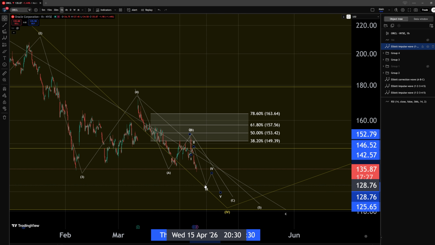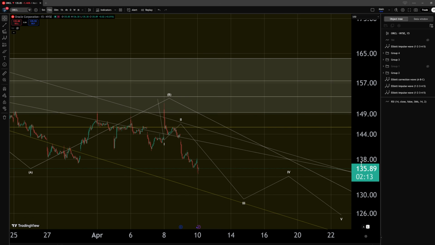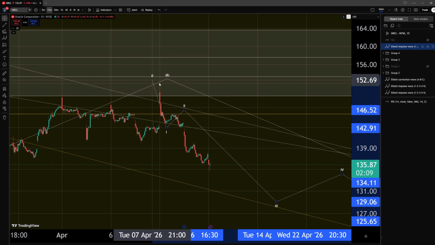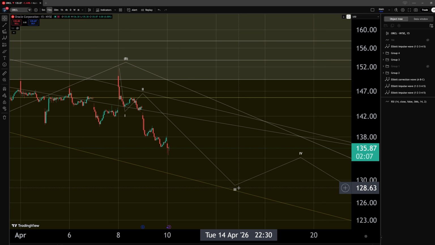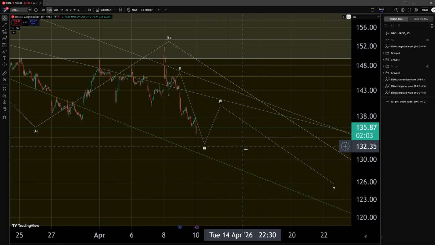Now the question is if we will actually get to those levels, this ideal target for the wave C. And I'm quite unsure of that, because the internal structure in this area actually allows a bottom to form sooner rather than later, based solely on the fact that within this wave C, we can identify a 5-wave pattern to potentially form quite soon.